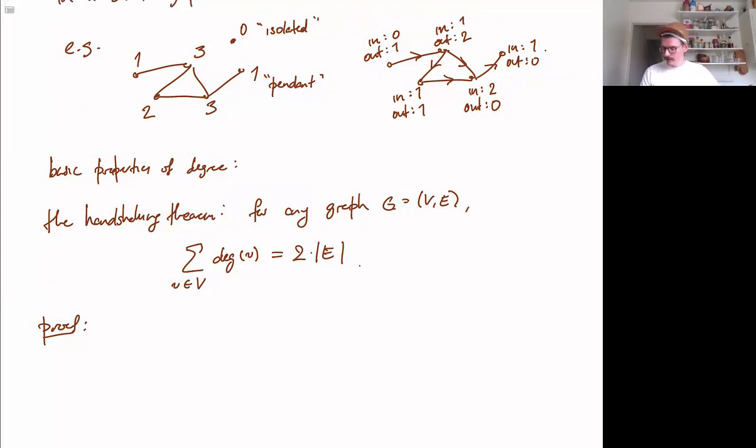So the proof is quite simple. Each edge connects two vertices, right? Because it has exactly two endpoints. And the degree of a vertex is the number of edges connecting to it.